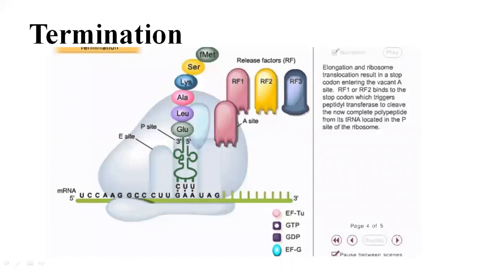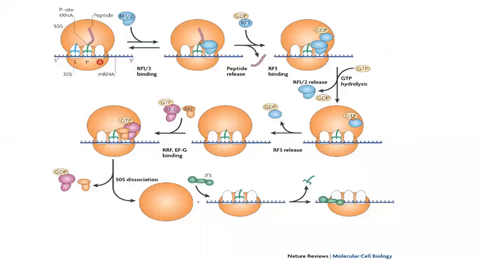See, RF1, RF2 and RF3 are involved in this termination process, and GTP is hydrolyzed during the process. One more, elongation factor G is also involved in the termination process. So let's see in detail how it takes place. RF1 is going to bind at the A site.